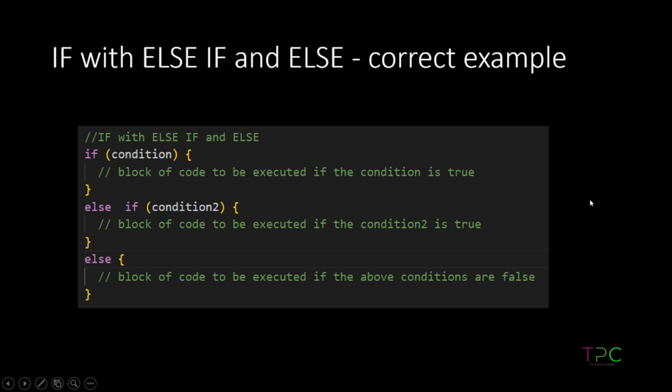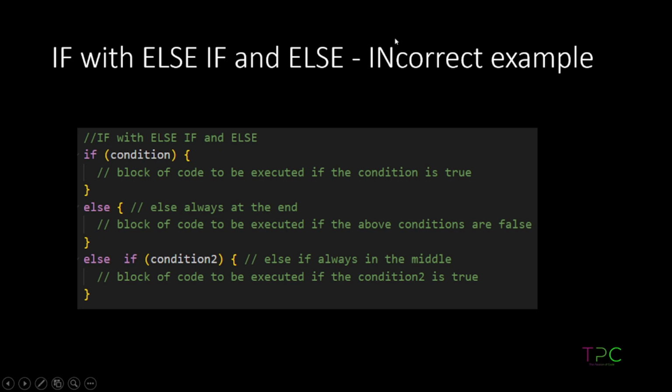And that's pretty much all. Okay, and the last example, this time incorrect. So first of all, we've got if as always, and then we've got else. So this is correct also. And then we've got else if, and this is not correct because we've got a syntax error here.